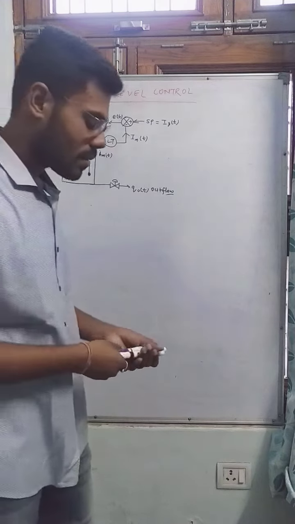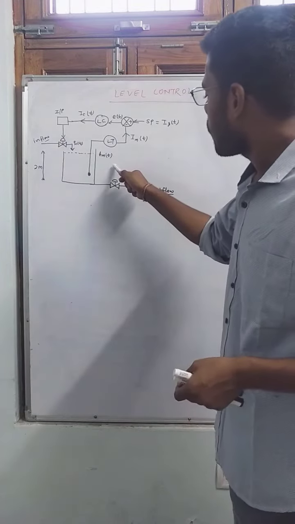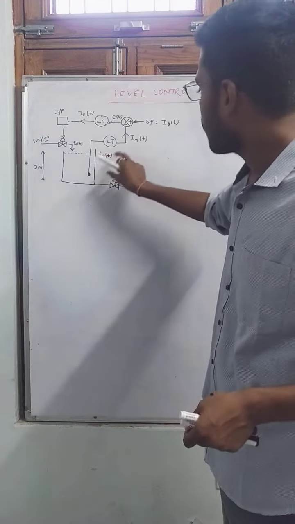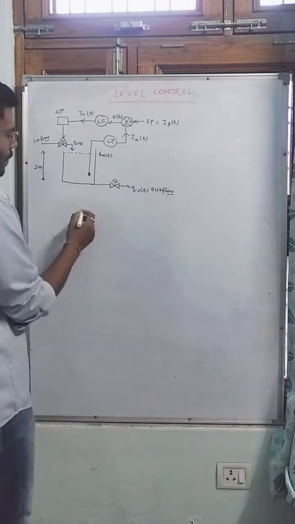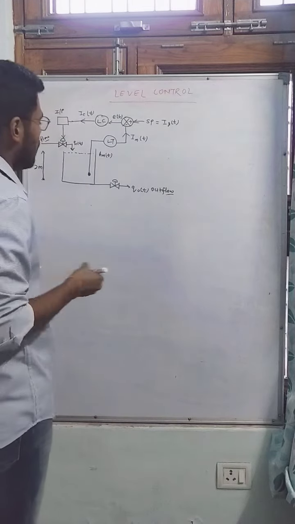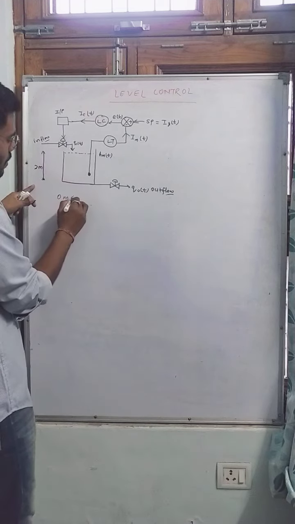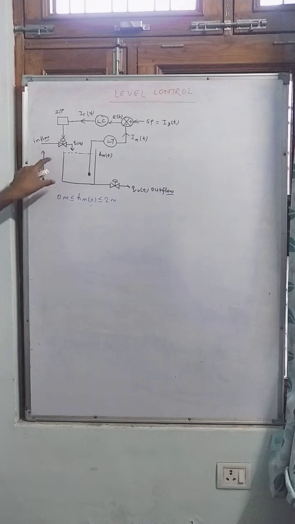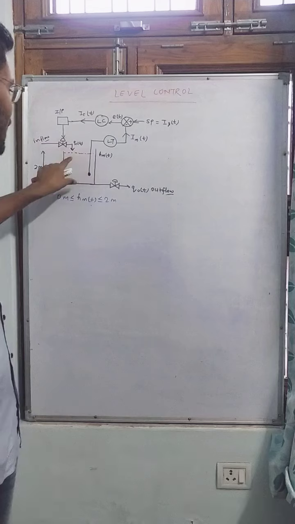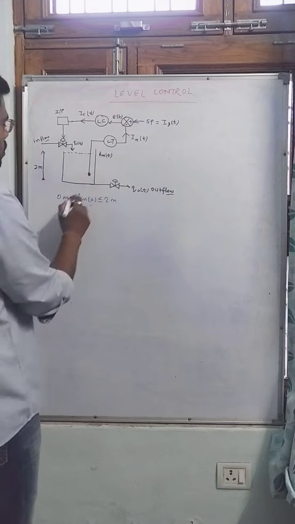We have some relations of various physical parameters. To convert this height, the level of the tank, into this measurable current, let me write the ranges. The maximum height is 2 meter and the minimum is 0 meter. As I said, the maximum height up to which water can be filled in this drum, in this tank, is 2 meter. Now what is the range of IMT?